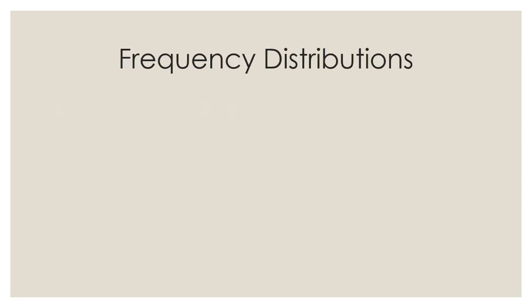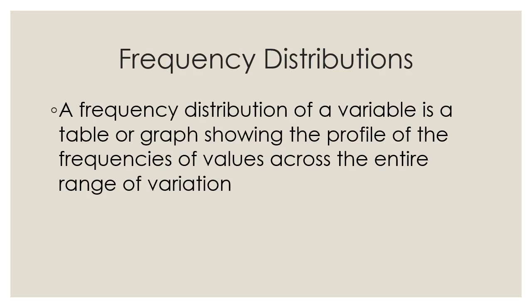Moving on to frequency distributions. A frequency distribution of a variable is either a table or a graph that shows the profile of the frequencies. By frequencies here, I mean the number of people who have specific values that fall across the entire range of variation. So let's give a concrete example here.